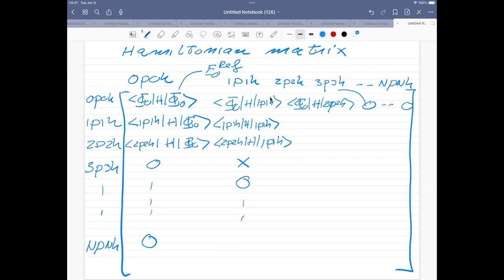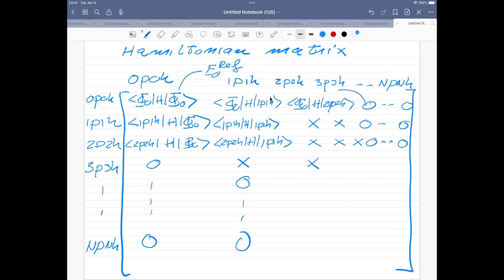And then the rest will also be all zeros. So when I put a cross here, that means that they have matrix elements which are non-zero. So this would also be non-zero. And here we would have non-zero, non-zero, but this can also link a 4 particle, 4 hole. But then the remaining ones are 0.